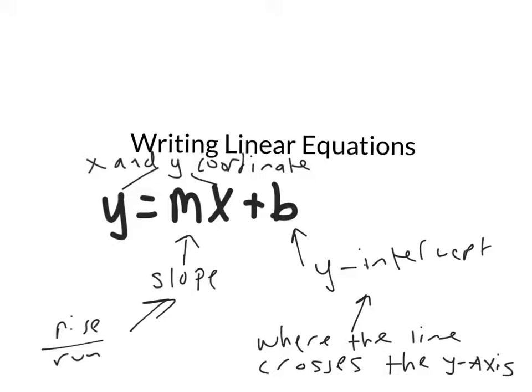Now, the first thing is any two-variable equation with an x and a y, we can write in slope-intercept form. So here's what I mean by that. Let's get ourselves some more space here.